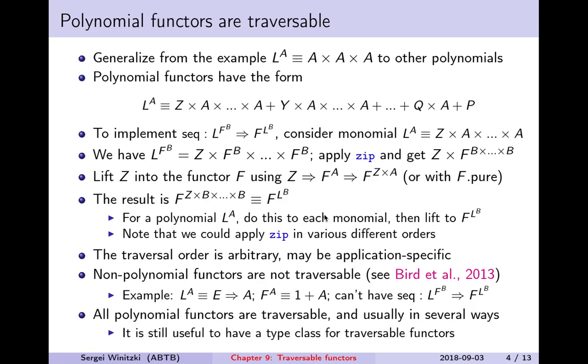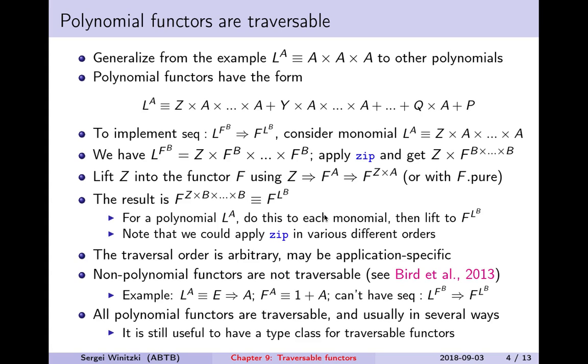So let's find out if other polynomial functors are traversable. Now, one of the central results here is that all polynomial functors are traversable. We will show this quite rigorously later.